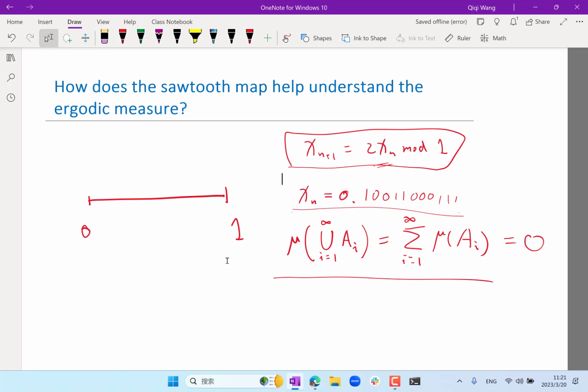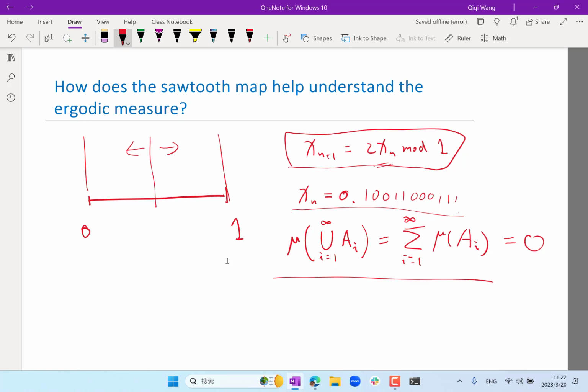After 2 iterations, the third digit becomes this digit. So saying an infinitely long trajectory is essentially looking at all the digits and asking how likely they are to be 1, how likely they are to be 0. So there is half probability that the most significant digit is 1 and half that it is 0. That means in the ergodic measure, this half of the domain versus this half of the domain has equal likelihood.